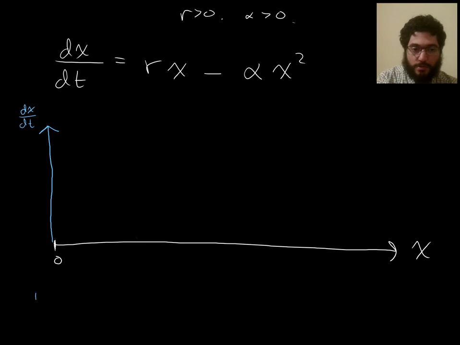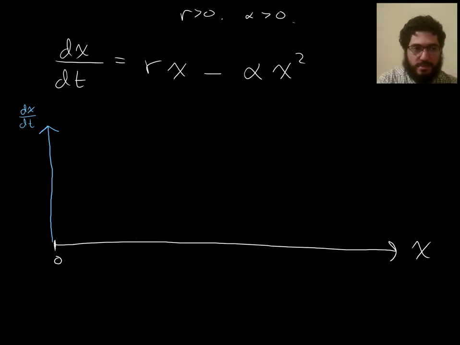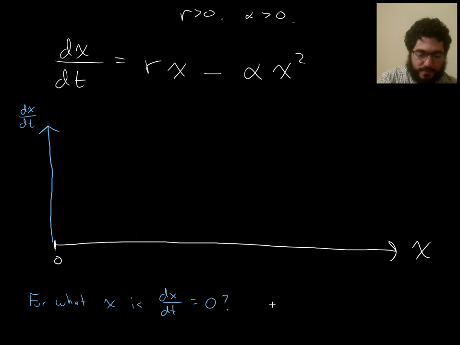Okay, well, if I want to draw the correct upside down parabola, one thing I can do is figure out where the parabola will cross the axis, where it will cross 0. So where is dx/dt equal to 0? So this is the question: for what x is dx/dt equal to 0?